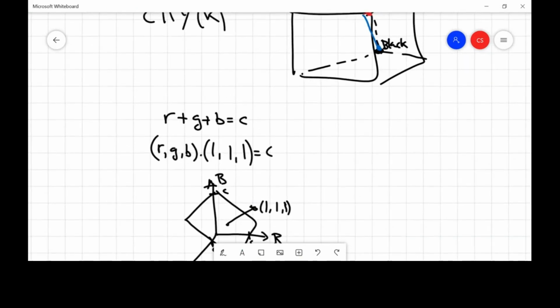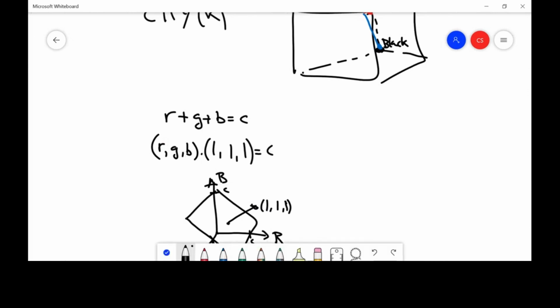So now we have two planes. One is this, let's make it red. And the other one is green equals 0. And then, what is the intersection of these two? It is a line. You may remember this: if you have two planes, the intersection is a line. Which line? Red plus blue equals C, and G equals 0.